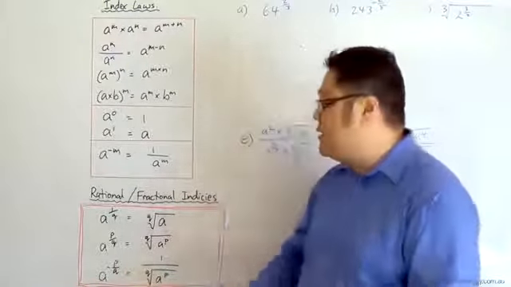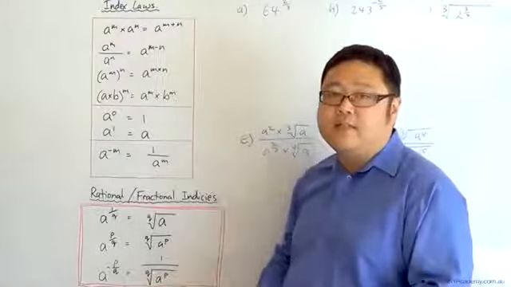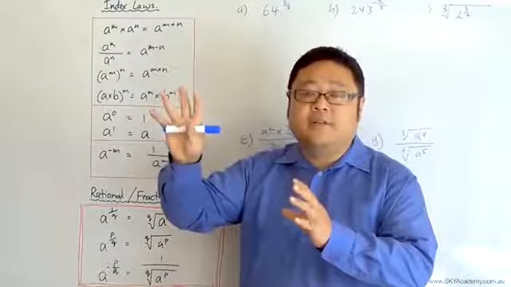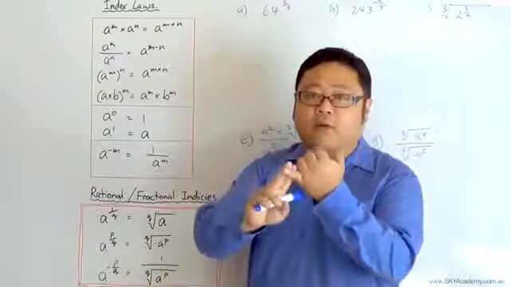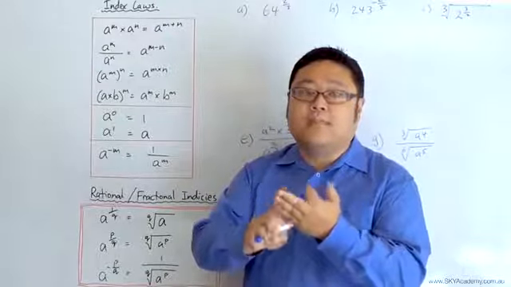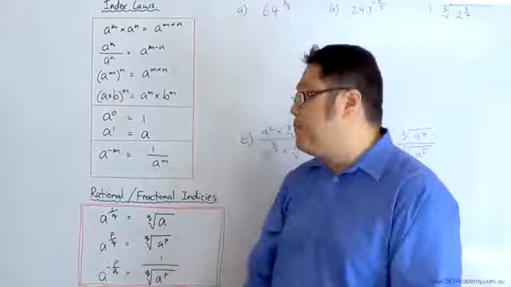And that is the world of rational, or another word is fractional indices. This is really where the index is a fraction. What do you do when it's a fraction? We've done when indices are whole numbers, when they're negative numbers, and now we're going to look at them being fractions, and this is where we really jump in the deep end and explore.